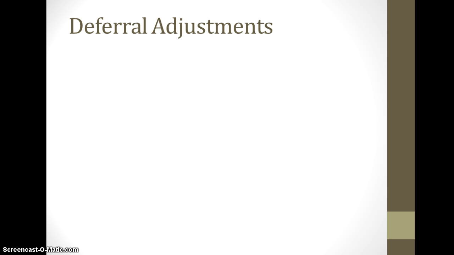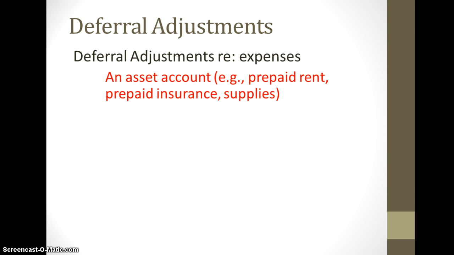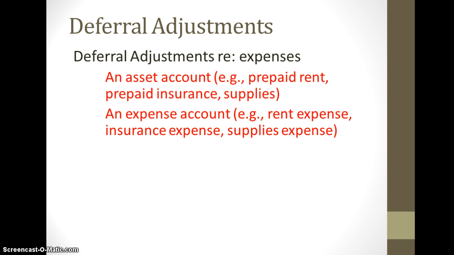So let's just quickly summarize deferral adjustments. Deferral adjustments with respect to expenses. So this is where we've prepaid the expense in advance. When we get to the end of the year, we have to make an adjusting journal entry. And that adjusting journal entry is going to involve an asset account and also an expense account.